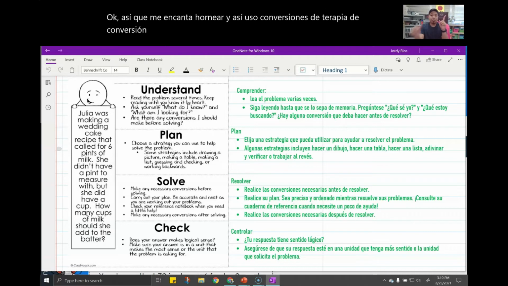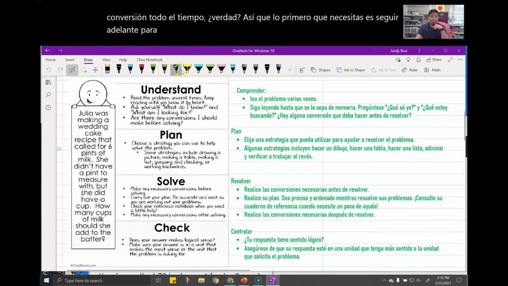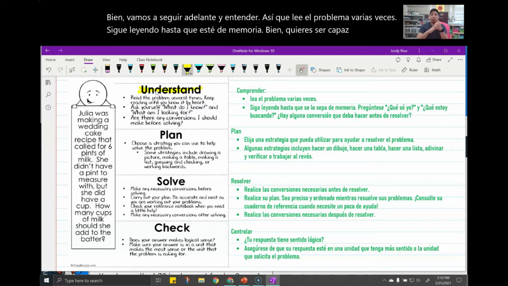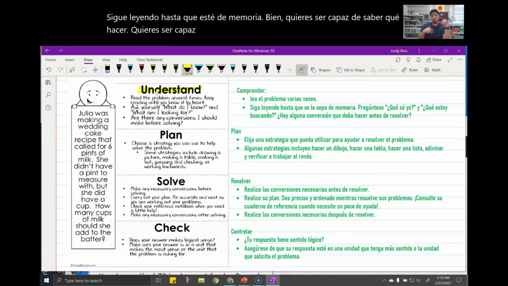Alright, so the first thing you need to do is go ahead and understand what are we dealing with, okay? So read the problem several times. Keep reading until you know it by heart, okay? You want to be able to know what to do. You want to be able to tell me what the problem is without even reading it, okay? Ask yourself what to do.